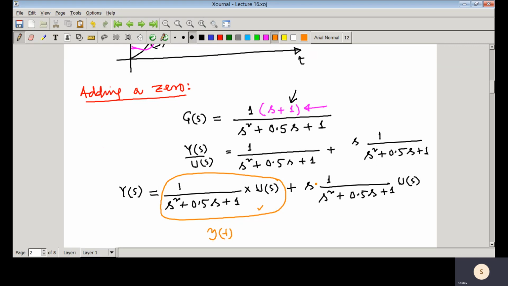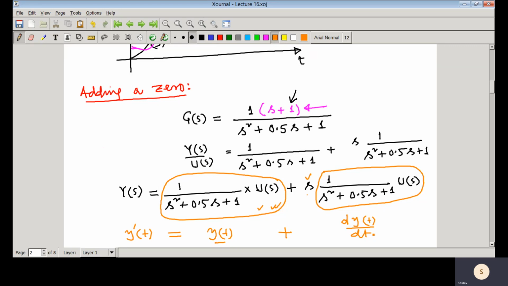But here you can see s into Y(s). If we take the inverse Laplace transform of that term, you would have y(t), but as s is there, that would give dy(t) by dt. So the new response, y dash t, would be equal to y(t) plus dy(t) by dt.